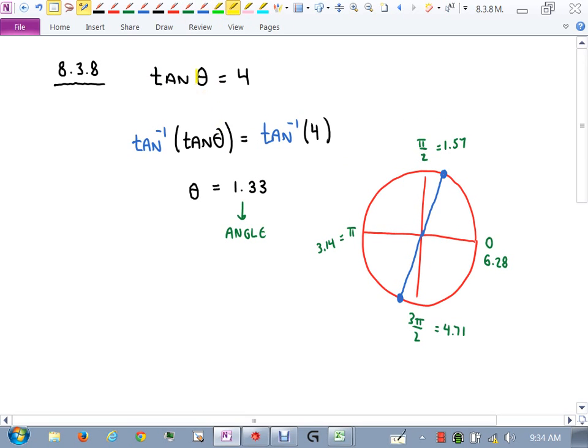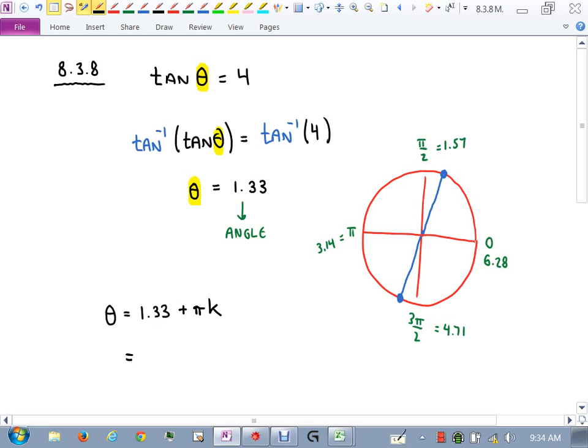Okay, so how am I going to say my answer? My argument, which was theta, has to be equal to the 1.33 radians. But then how do I get to this one? I add pi k, right? That would move me around again. Just keep making rotations, half rotations. So I add pi k.